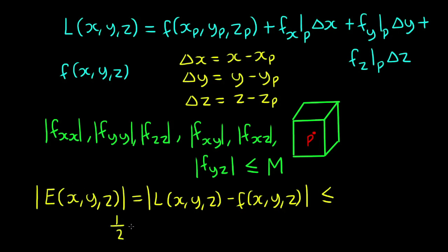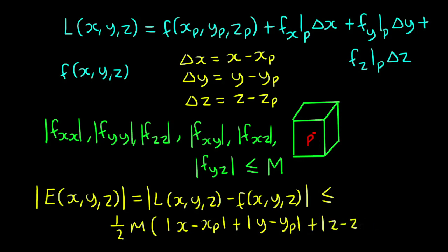So we have 1/2 m times the absolute value of x minus xp plus the absolute value of y minus yp plus the absolute value of z minus zp, squared. So note that delta x, y, and z is restricted to this rectangular solid.